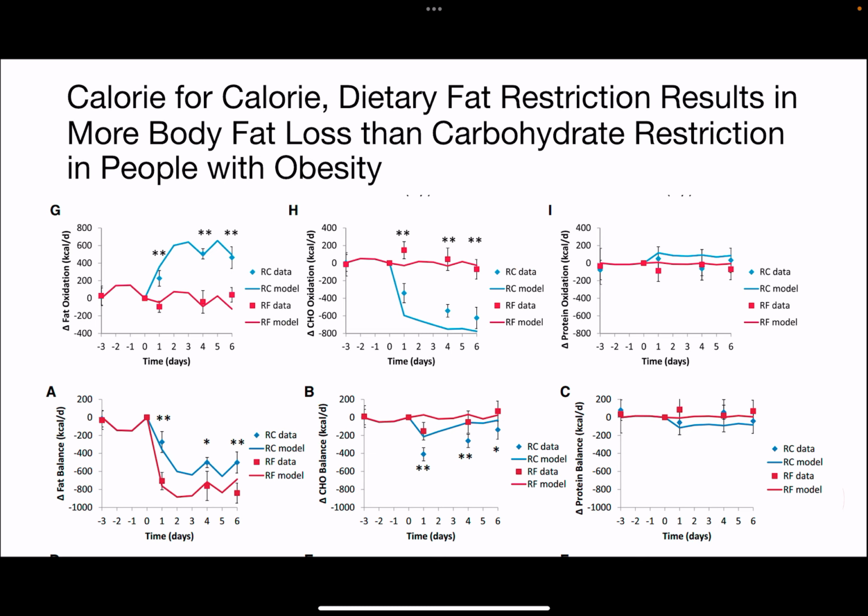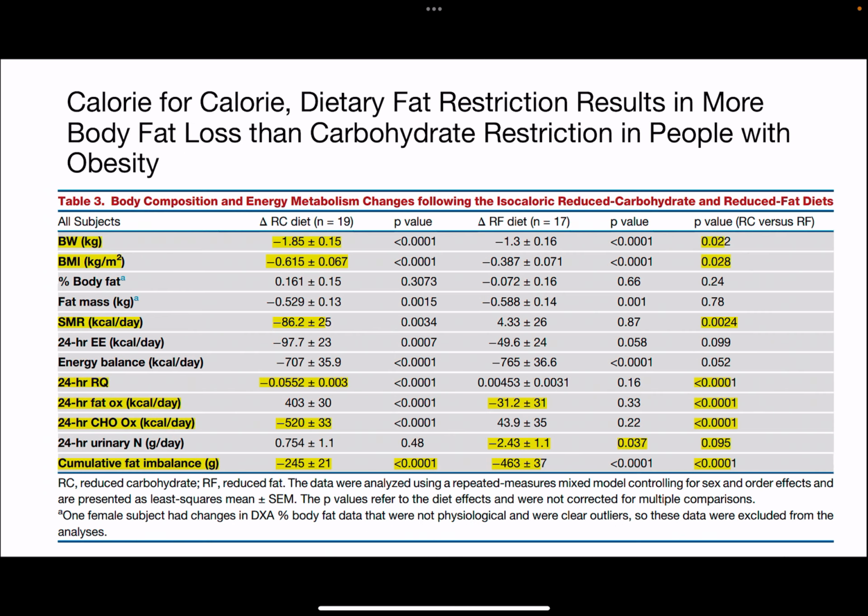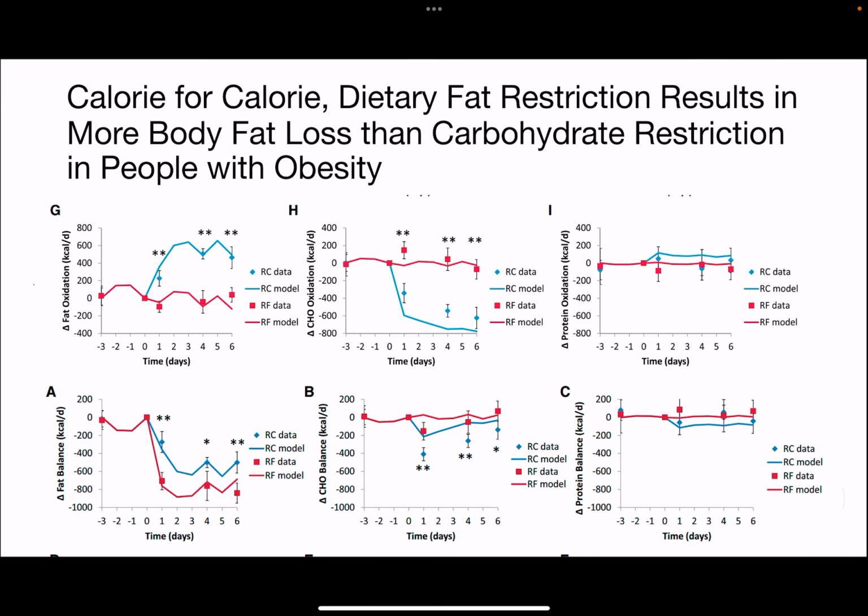So they did a lot of different measurements. And let's look at these one by one. If we look at fat oxidation, the reduced carbohydrate data and model oxidized more fat.